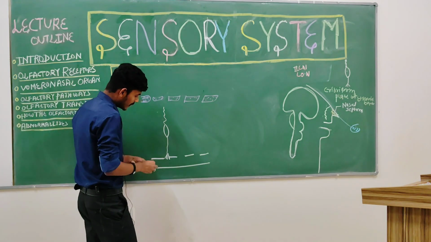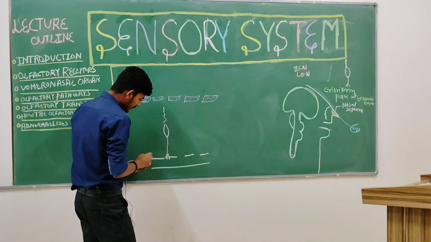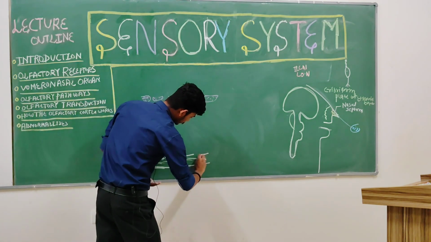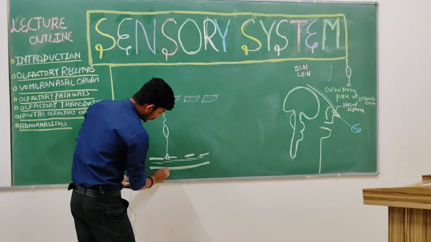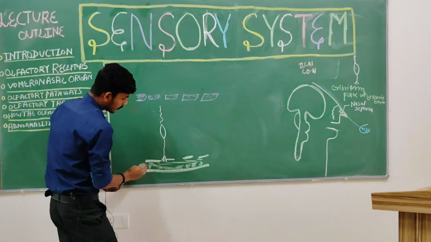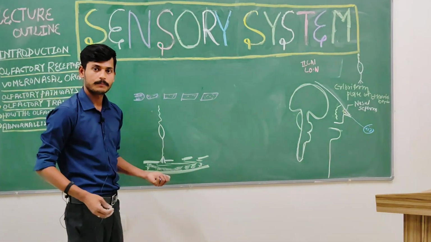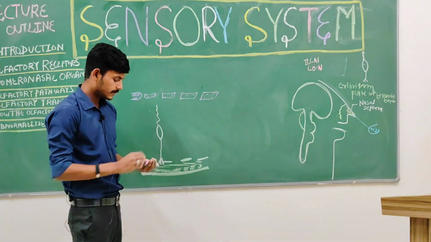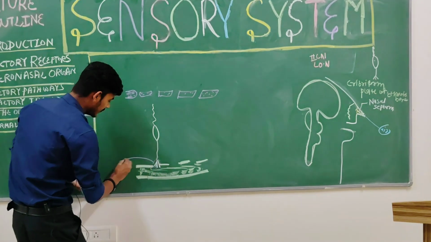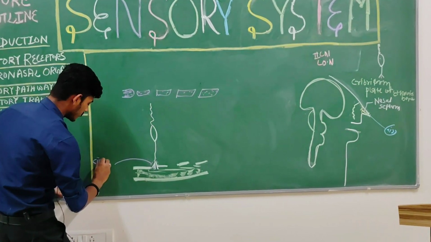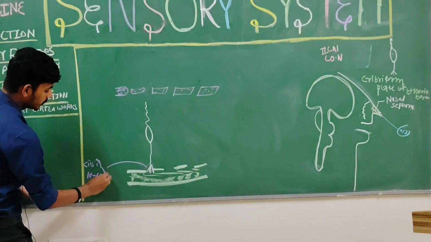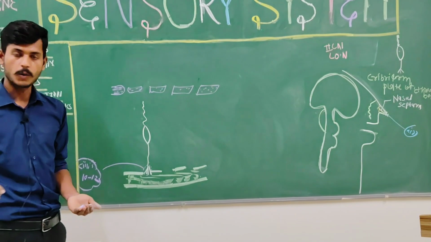One is the axon, and the other end of the bipolar neuron, or olfactory neuron, has cilia. How many? Yeah, it's 10 to 12 in number. This is a cilium.